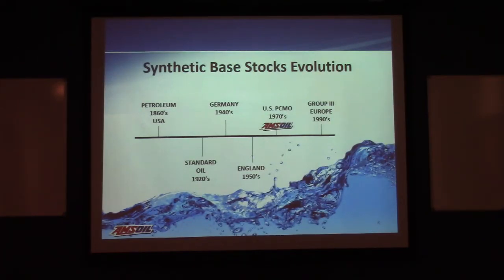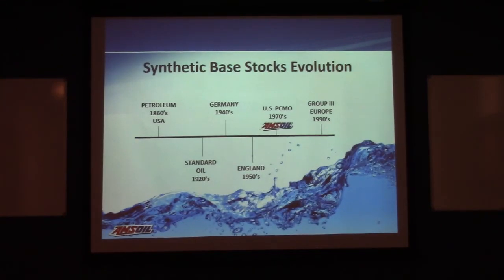When it comes to the average consumer, when they started becoming exposed to it was actually in the 1970s, AMSOIL itself being the first company to introduce and market an API-approved synthetic product. That kind of got all the wheels spinning. As a matter of fact, shortly after that, other major oil companies came on.